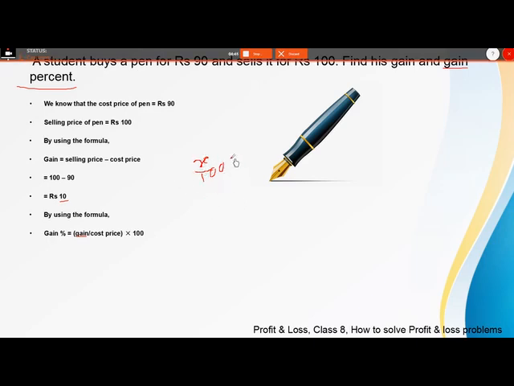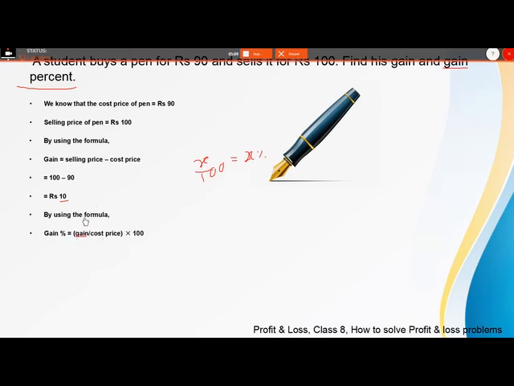If you have to write percent, we will write x percent. It is nothing but something out of 100. You have learned the percentage chapter, so it is definitely x upon 100. Nothing different in here.